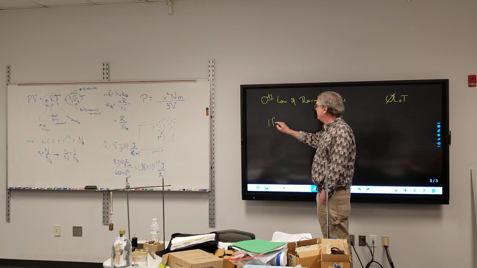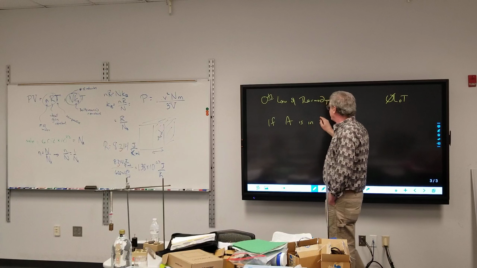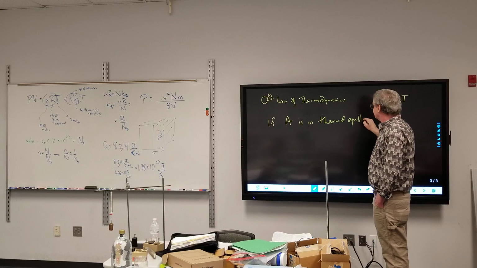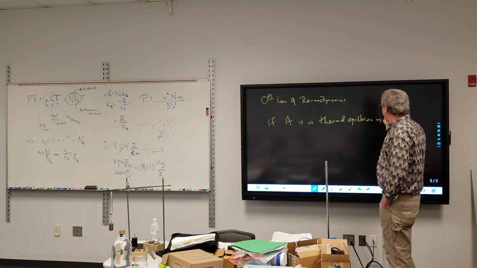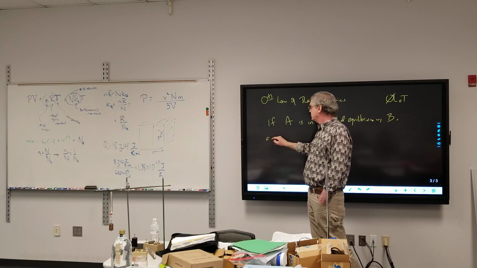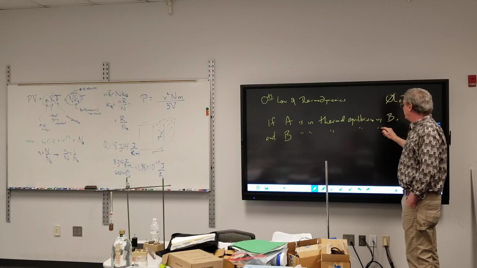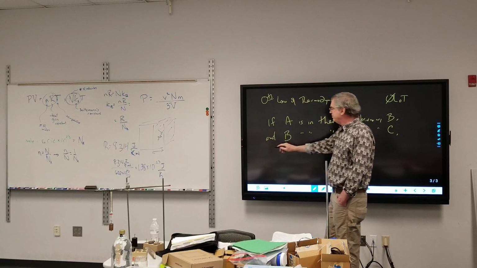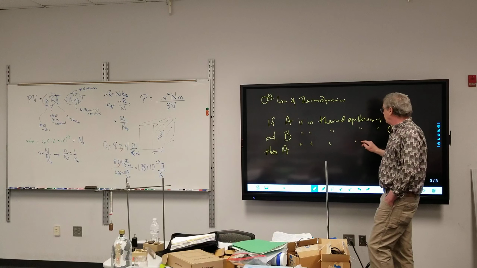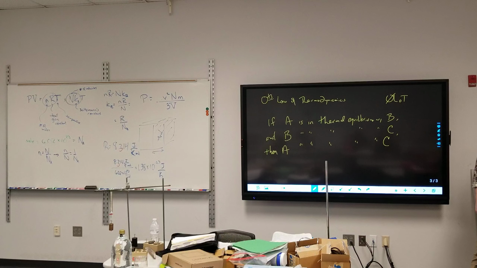So if A is in thermal equilibrium with B, and B is in thermal equilibrium with C, then A is in thermal equilibrium with C. It is not an earth-shattering concept.